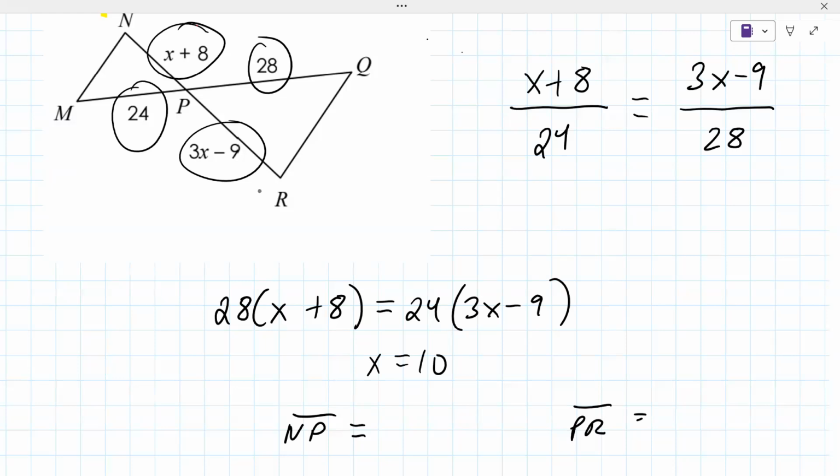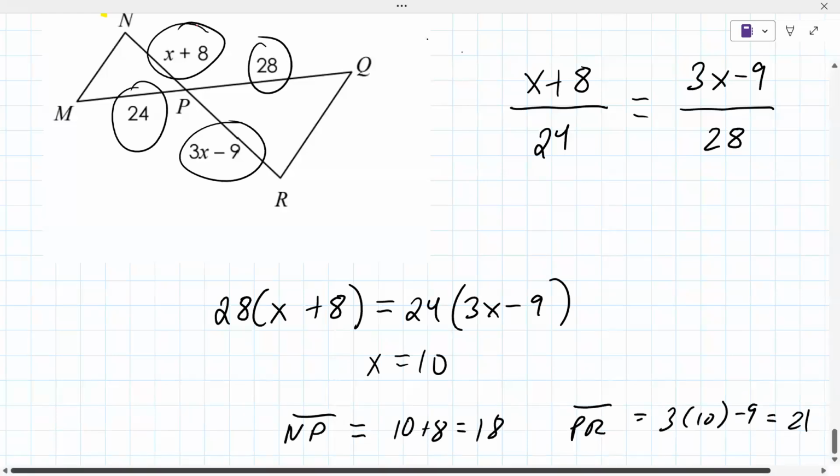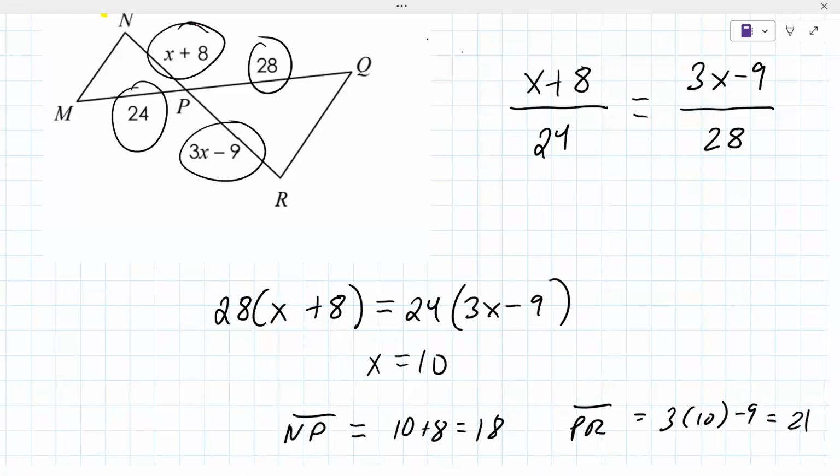NP equals 10 plus 8, sorry, 18. Good. And then this one I would multiply, right? Yes. You multiply and then subtract. 21. Good. And sometimes with the reasonableness of your numbers, you don't really have a great way to know whether they're right or wrong. It's just a best guess at this point.